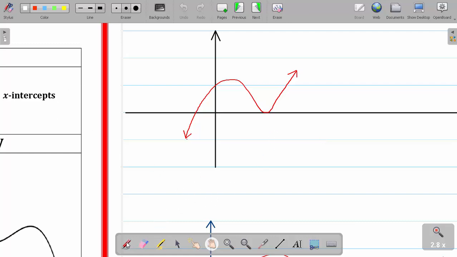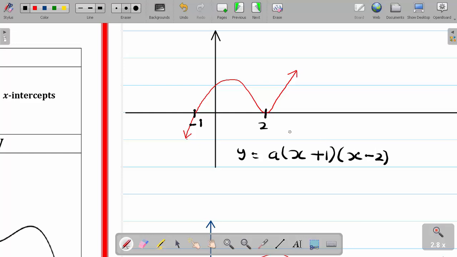If this one is 2 and this one is, let me say, negative 1, my function is likely to be y equals a into (x plus 1), because of the minus 1, into (x minus 2), because of the positive 2. But because it is turning here, it's going to be squared. Hope we are together. That gives us a hint of what we're looking at.